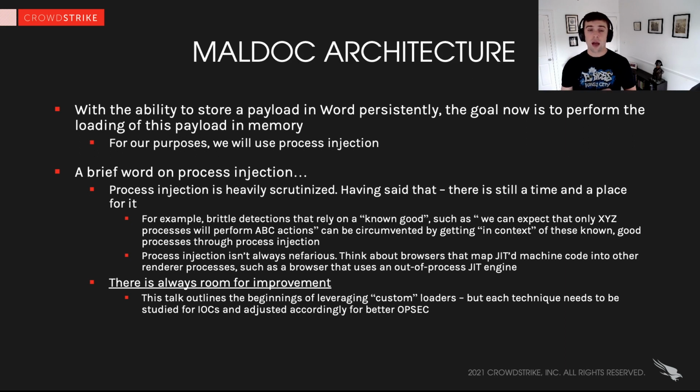So this talk outlines the beginning of leveraging more custom loaders. I'm not going to say that the loaders we will show have never been seen before. There are plenty of cases that are public with these loaders available, but they're less well known. Because of this, each technique needs to be vetted and studied for the indicators of compromise that are left behind and adjusted accordingly for better OPSEC.